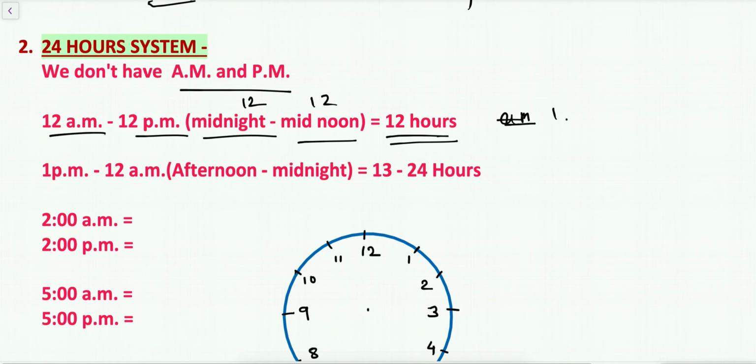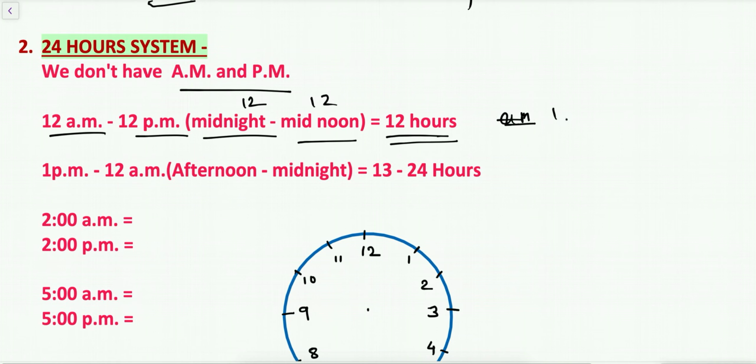That is 13 hours, and 2 will be 14 hours, 3 will be 15 hours, 4 will be 16 hours, 5 will be 17 hours, 6 will be 18 hours, 7 will be 19 hours, 8 will be 20 hours, 9 is 21 hours, 10 is 22 hours, and 11 is 23 hours, and 12 midnight is 24 hours.